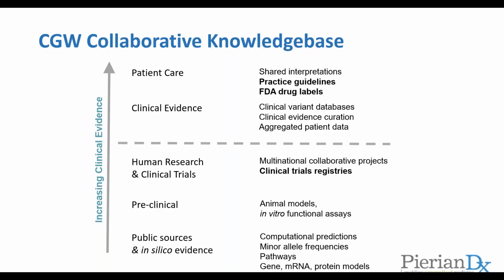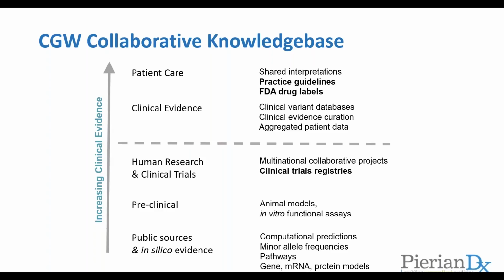Okay, so we'll start with a bit of background information. So many of you will be familiar with the CGW collaborative knowledge base and the sources that we annotate and pull into the knowledge base. The breadth of the knowledge base is represented by our variant details page, which we'll look at later, and with which many of you are familiar.